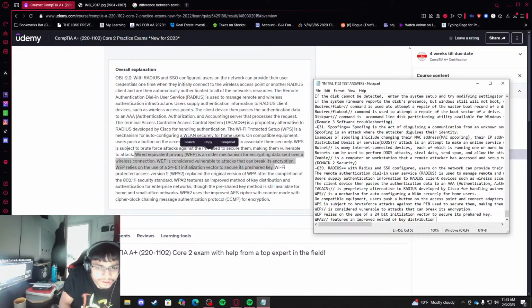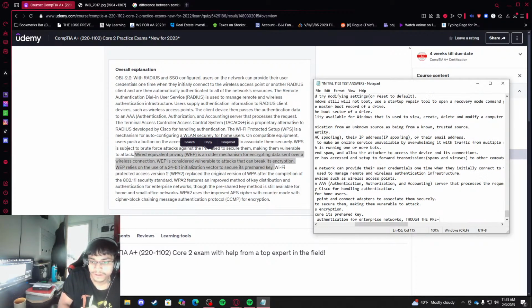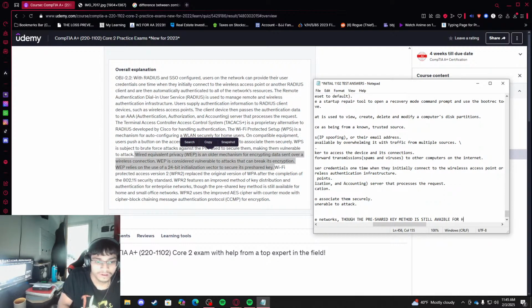Key distribution and authentication for enterprise networks. Though the pre-shared key method is still available for home and SOHO.